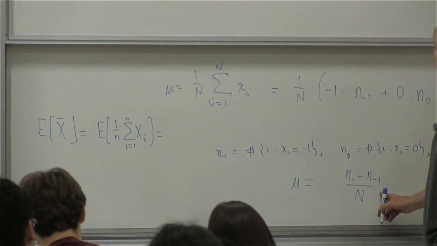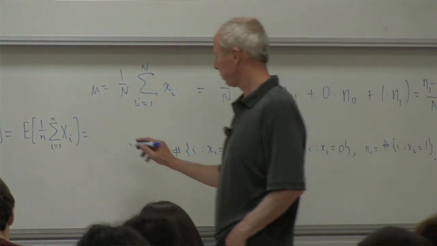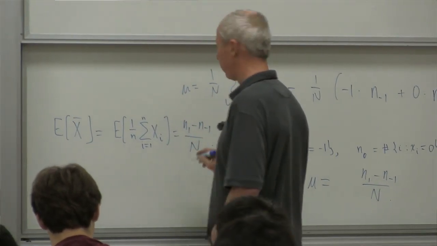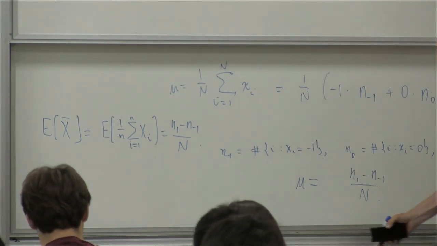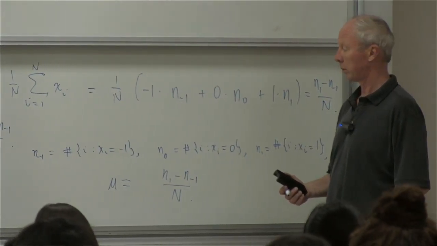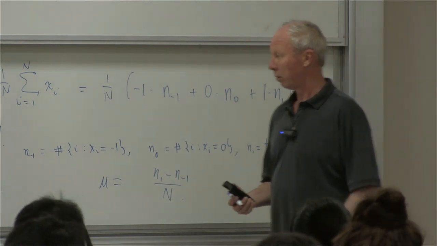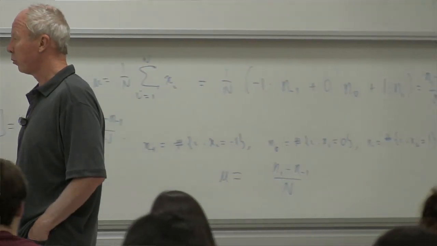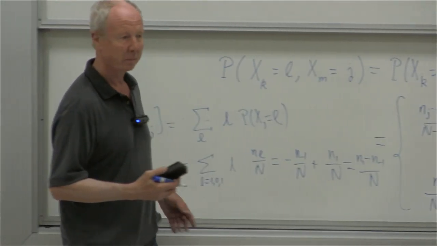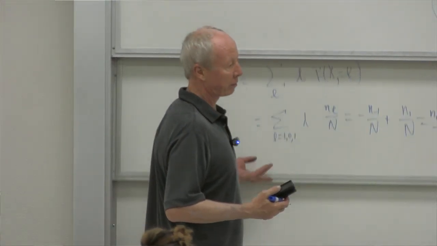I divide by little n, I get this. Okay? Finally, let's do the covariance of x bar. I'm sorry, the variance of x bar.